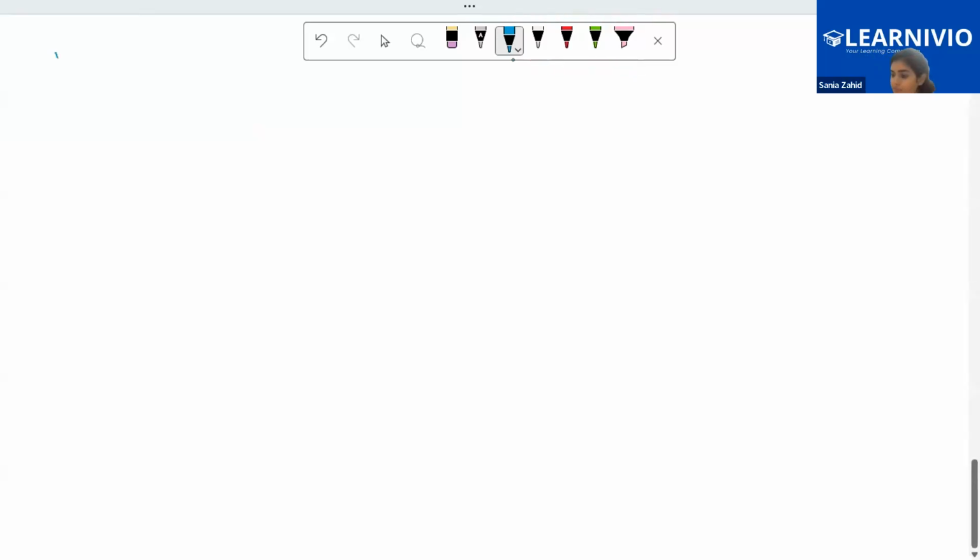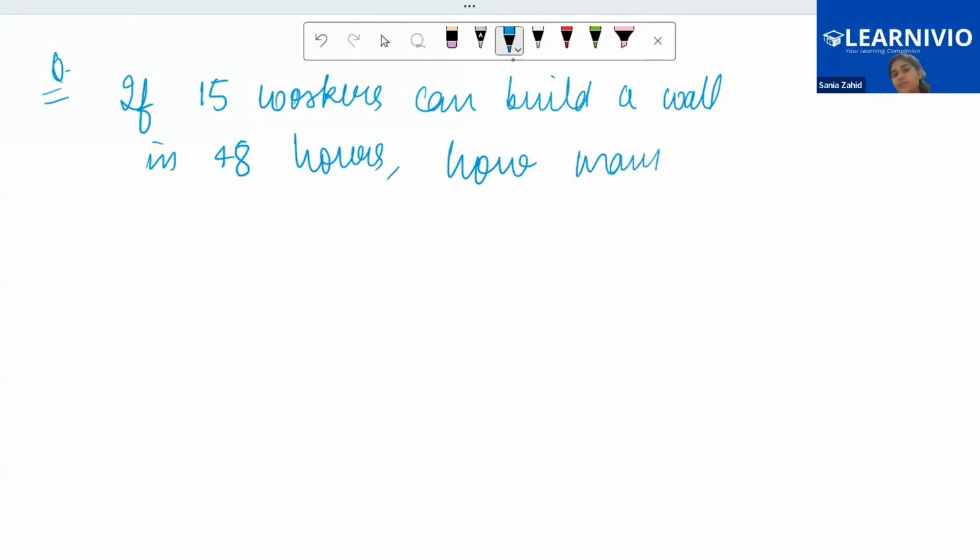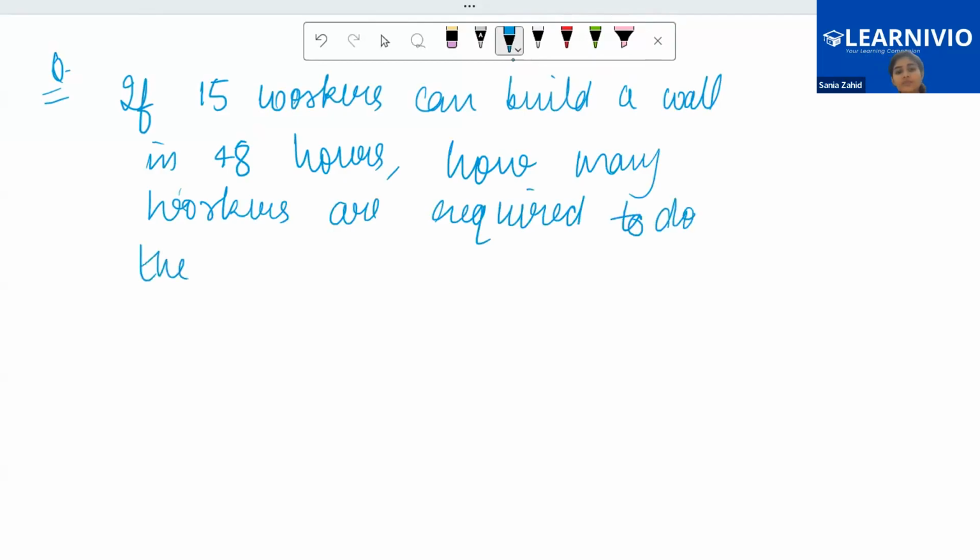If 15 workers can build a wall in 48 hours, how many workers are required to do the same work in 30 hours? Okay, please do this.